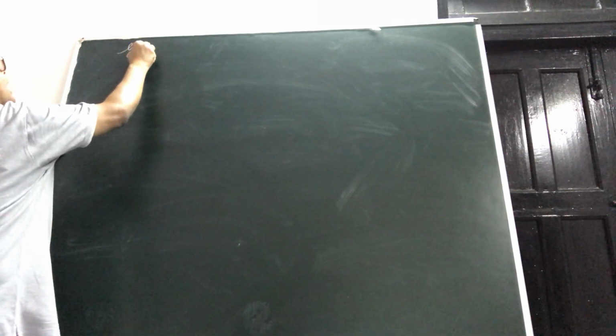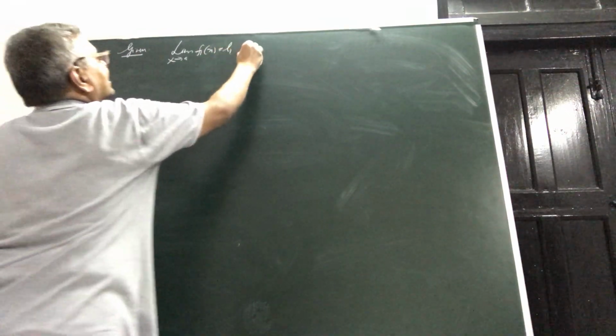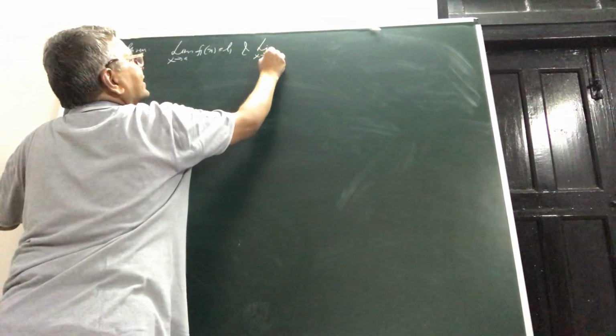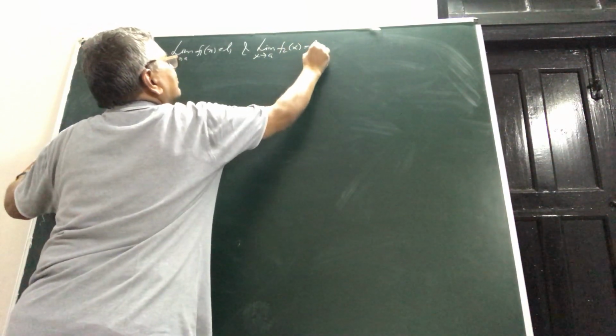So what is given now? Given is, again, individual limits exist. Limit x tending to a f1x is equal to L1, and limit x tending to a f2x is equal to L2.